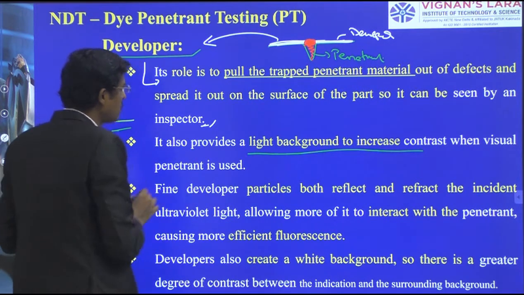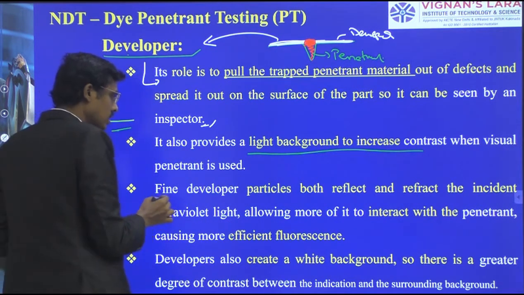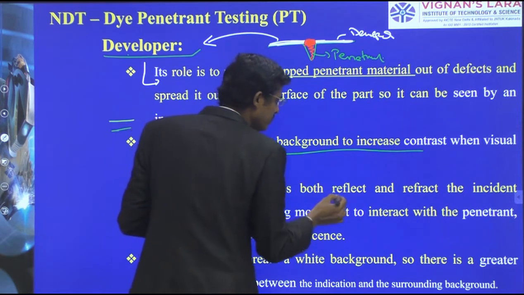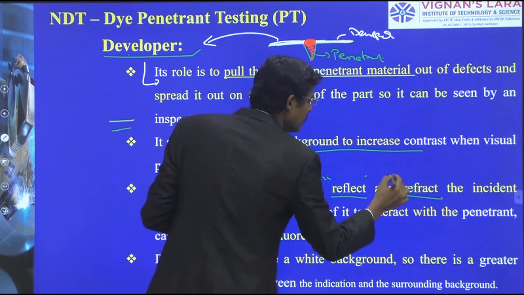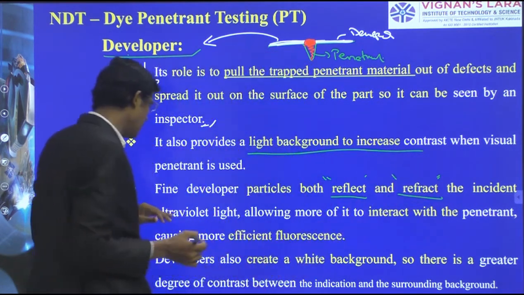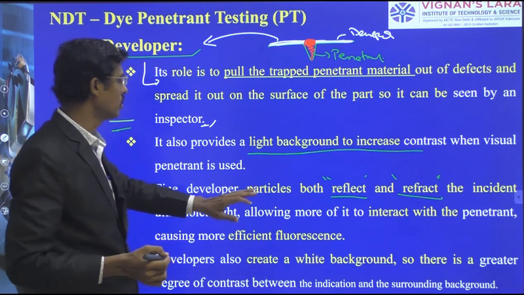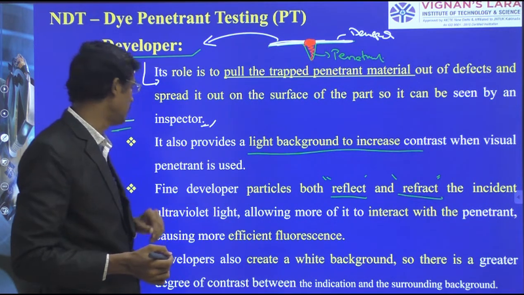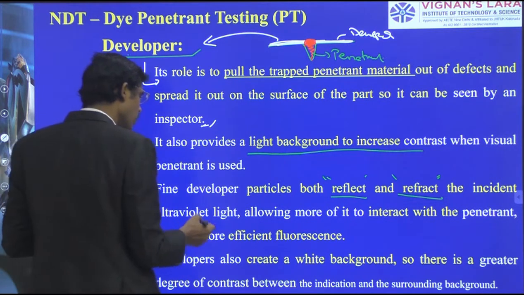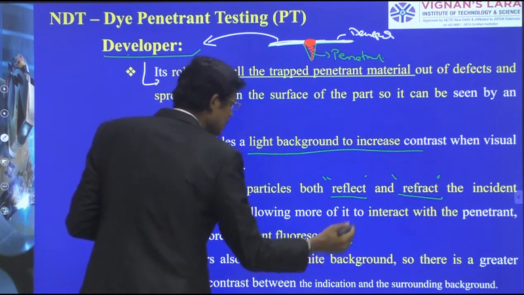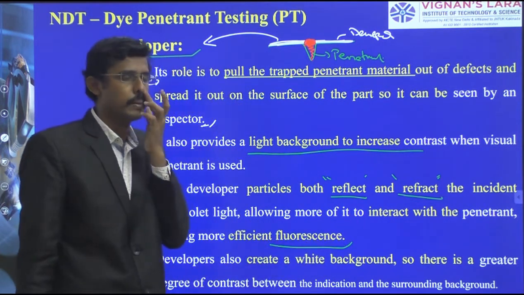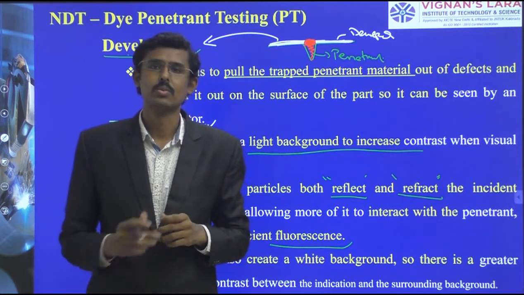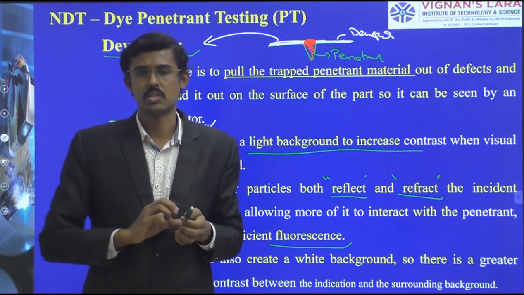The fine developer particles both reflect and refract the incident ultraviolet light, allowing more of it to interact with the penetrant, causing more efficient fluorescence. Sometimes we will use these ultraviolet rays to do the inspections.